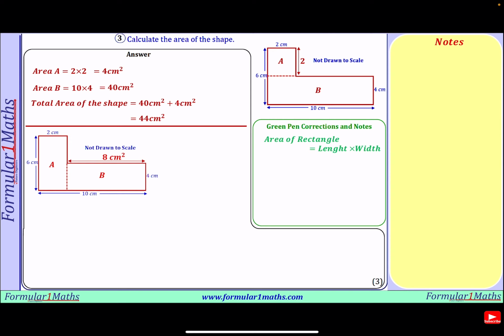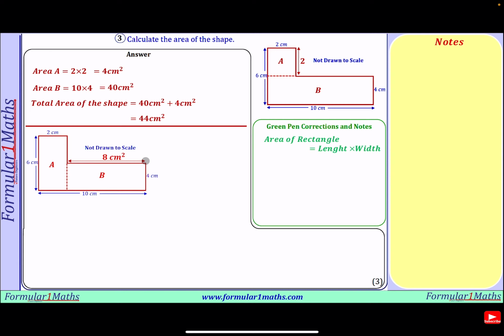And as you can see, I have calculated this length here to be 8. How did I do that? I know that this length from this point to this point is 10, and this length from here to this point is 2. So that means from this point to this point is 8 centimeters.